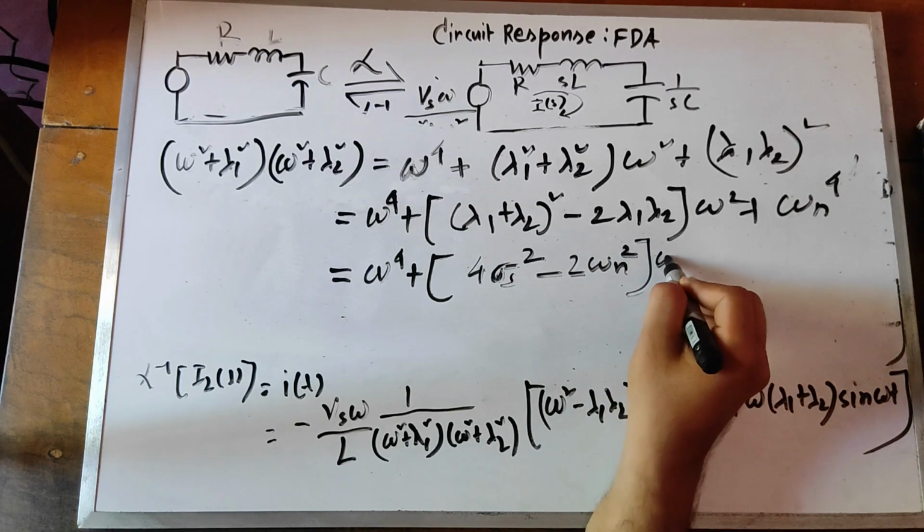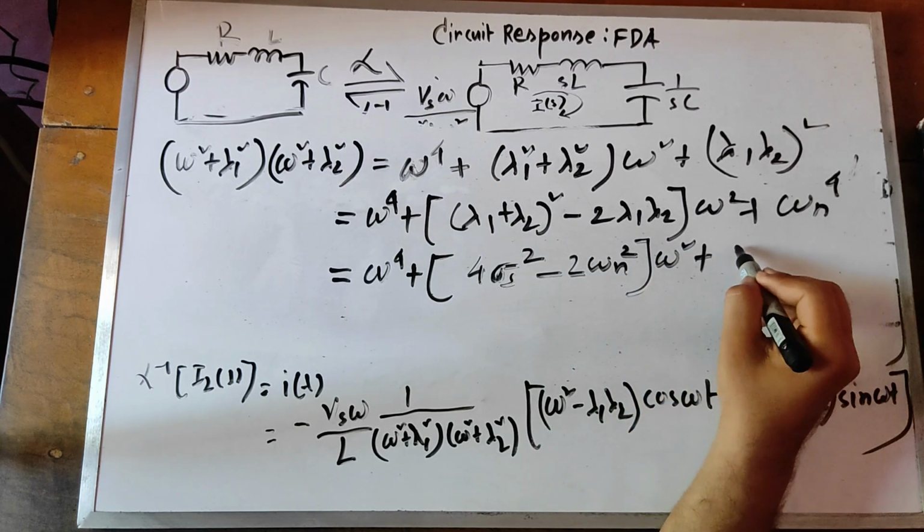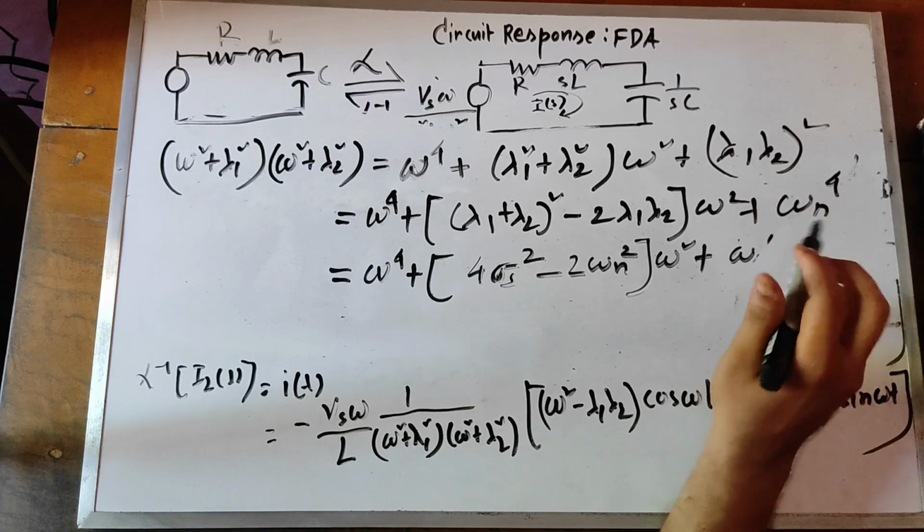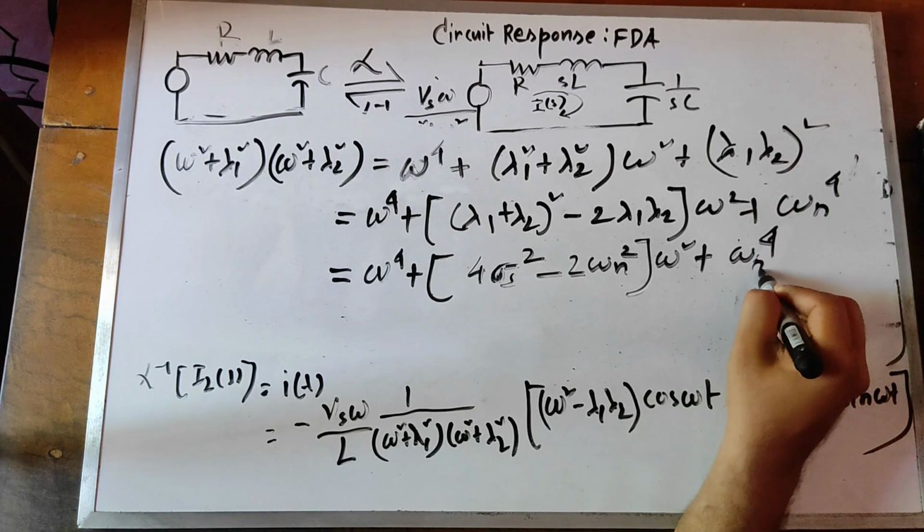Okay, omega squared plus omega n4, so 4 omega n.